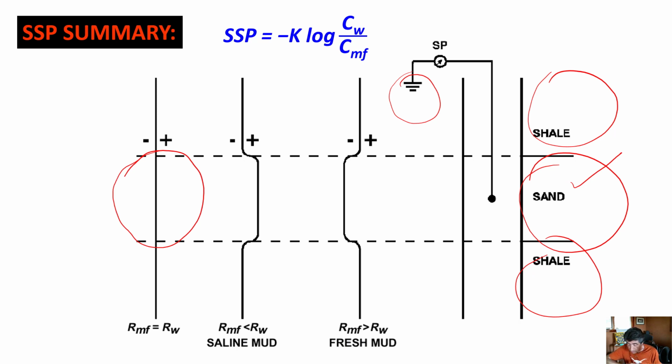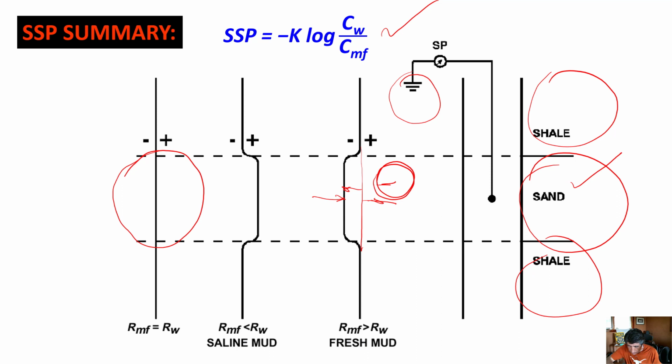As soon as we have a concentration gradient, then there will be a movement of ions and there will be discriminatory behavior, if you will. One of the ions will move more freely than the other. So here's what happens. Based on that formula that we discussed, if there's higher concentration of sodium chloride in the formation than in the mud, then we will have a negative deflection.